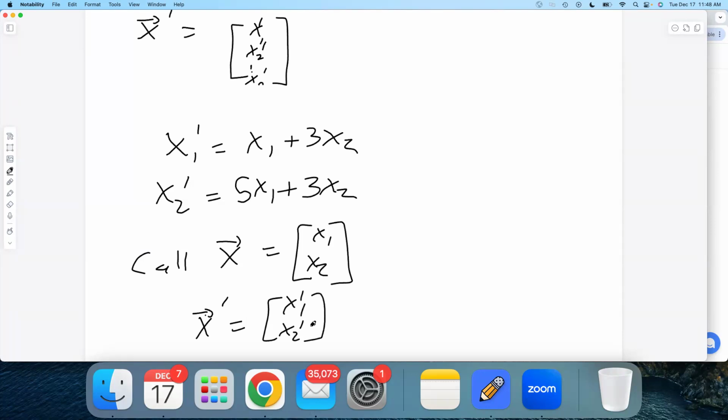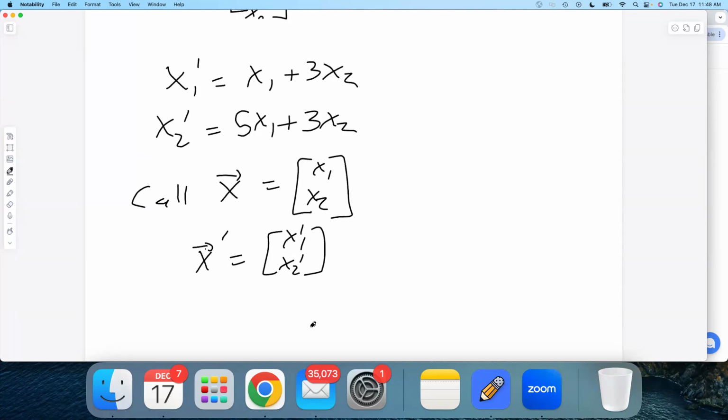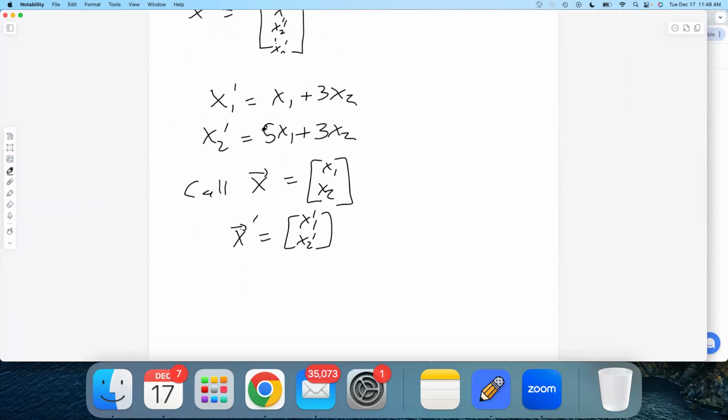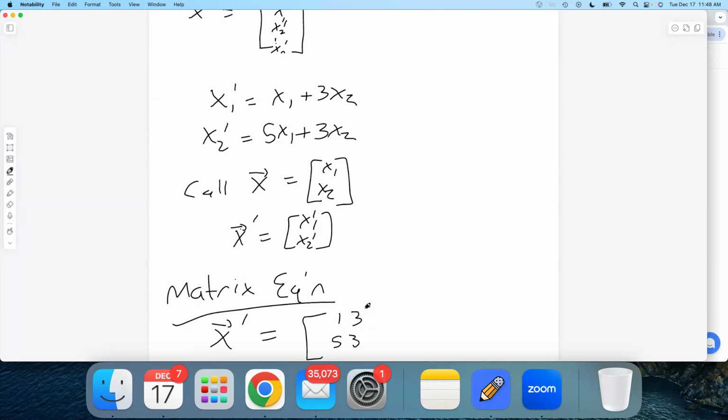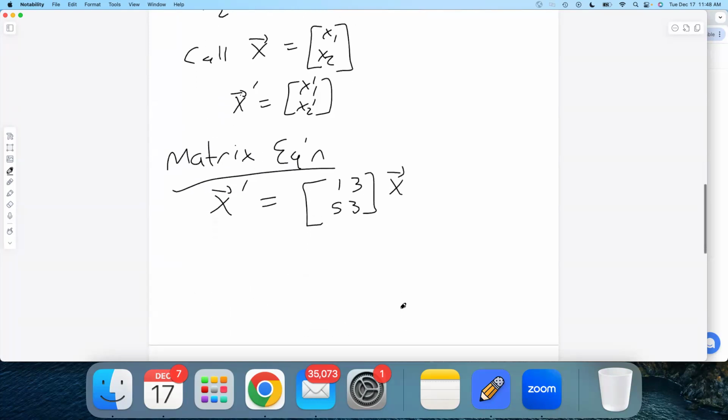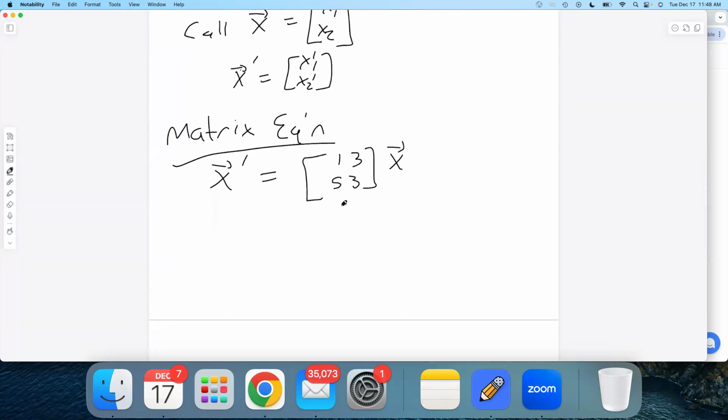So I'm just writing up all the details here so that it will be in these notes. Okay, then we make a matrix out of all of our coefficients here. So our matrix equation will look like this. So there's our matrix A. Here's our vector x and our vector x prime.